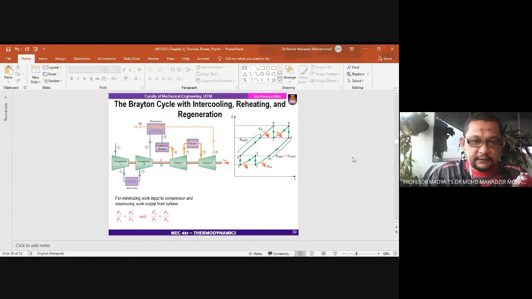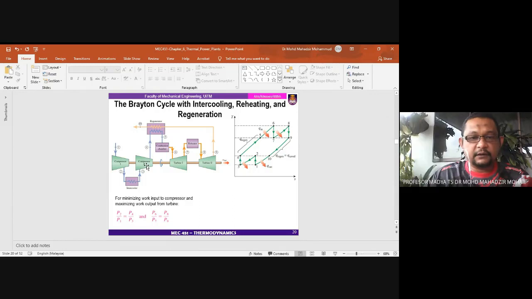The intercooler must be in between compressor number one and compressor number two. So when you modify the system with an intercooler, you must have a multi-stage compressor.